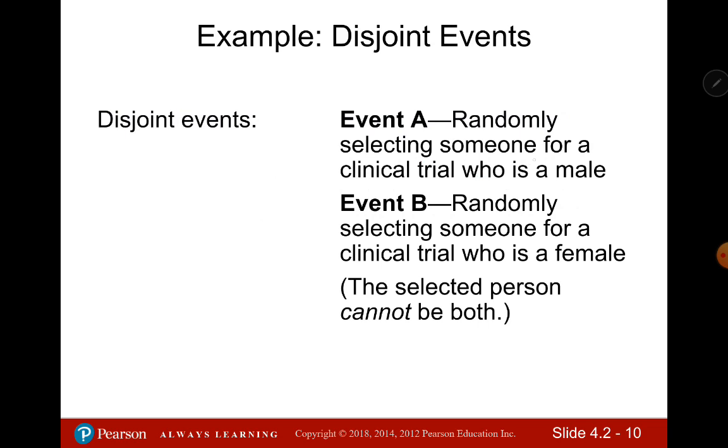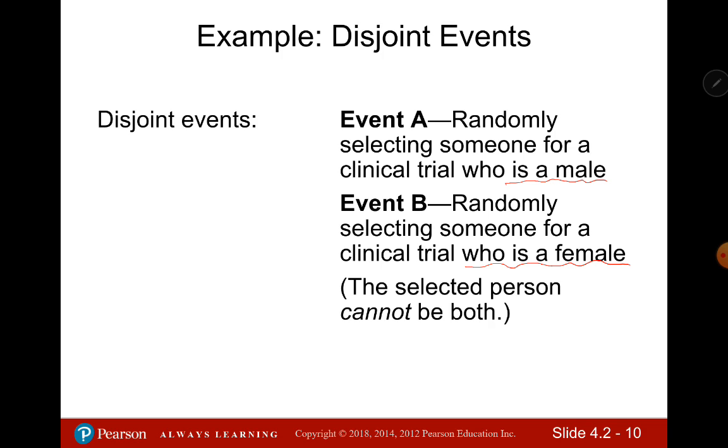Event A, I select someone who is a male. Event B, I select someone who is a female. So the person cannot be both a female and a male, generally.